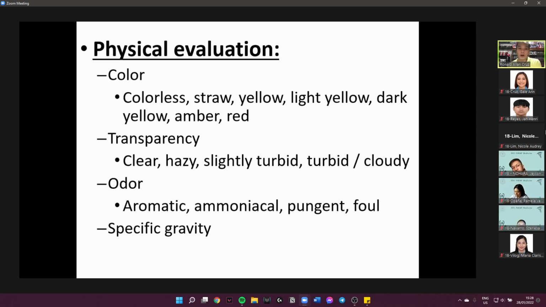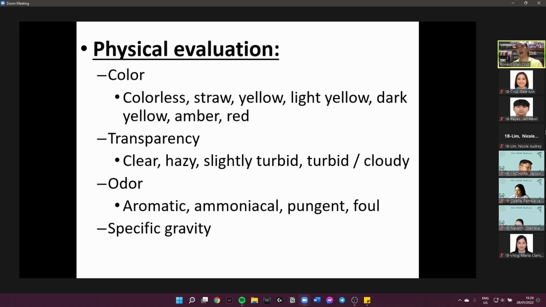The color of your urine on the average will give you an idea of the hydration status of the individual. Of course, the lighter the color, the more hydrated the individual is, supposedly. If the color is dark yellow or amber, then medyo dehydrated na yung individual.